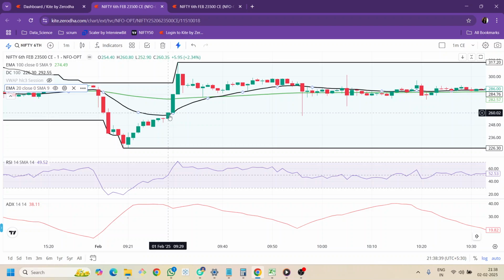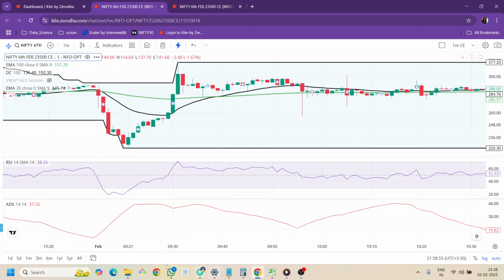Completely I'll avoid it. Now the black line is touched. Okay, the second line started forming, my green line. So I'll take entry at 260, at 9:30.